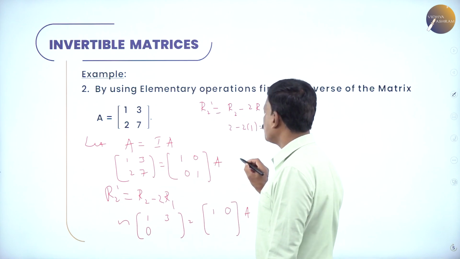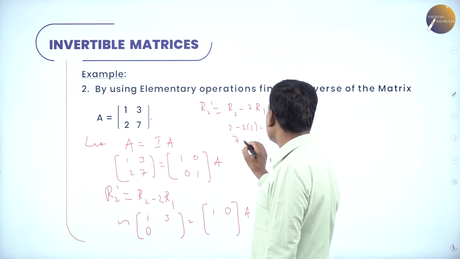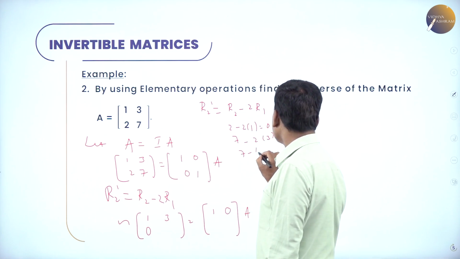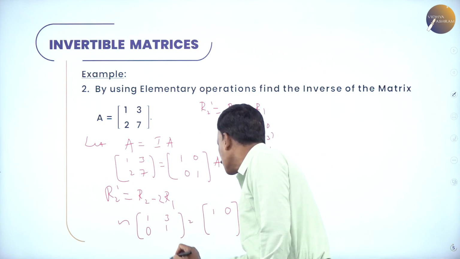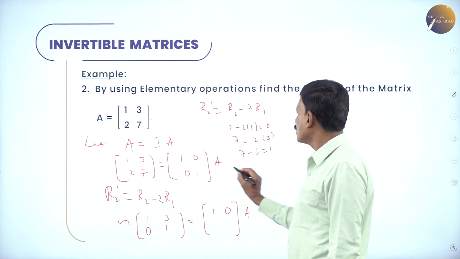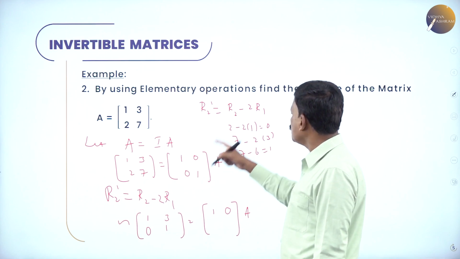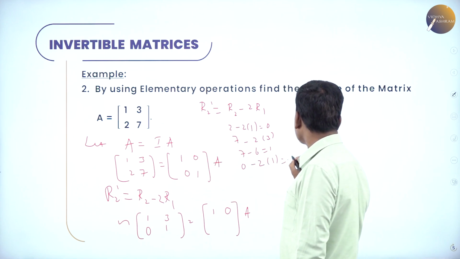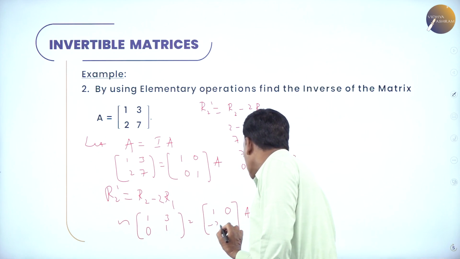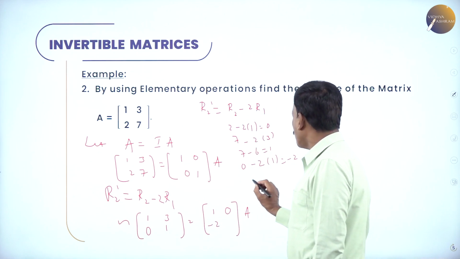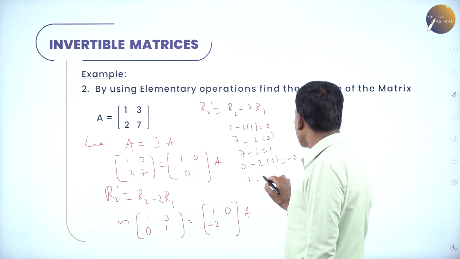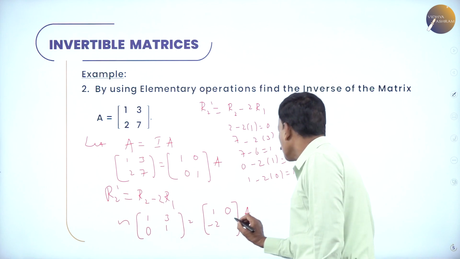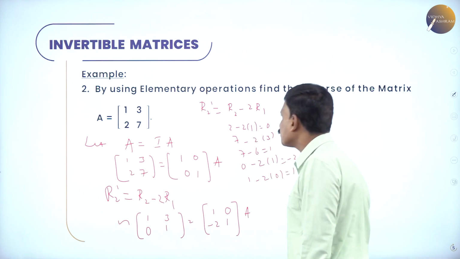Again, the second element is 7 minus 2 into 3, that is 7 minus 6 is equal to 1. This becomes 1. Now this 0 minus 2 into 1, 0 minus 2 is equal to minus 2. So this becomes minus 2. Again 1 minus 2 times 0 is equal to 1. So this reduces to 1.